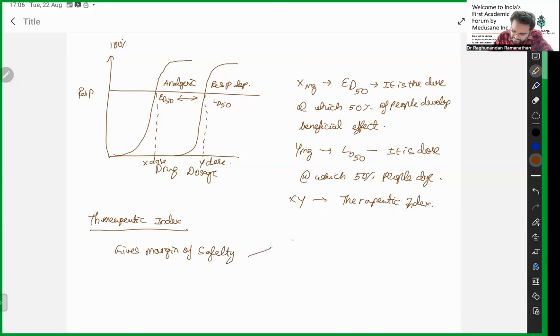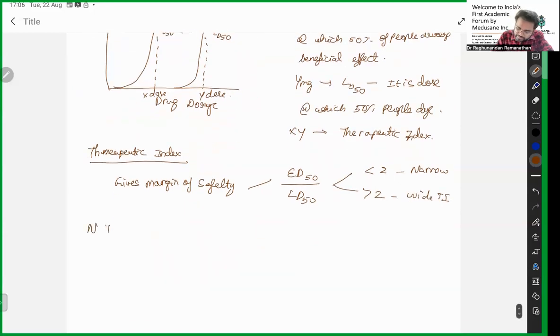When you divide LD50 by ED50 and it is less than 2, this is a narrow therapeutic index. When it is more than 2, it is a wide therapeutic index. Can someone tell me examples of narrow therapeutic index?